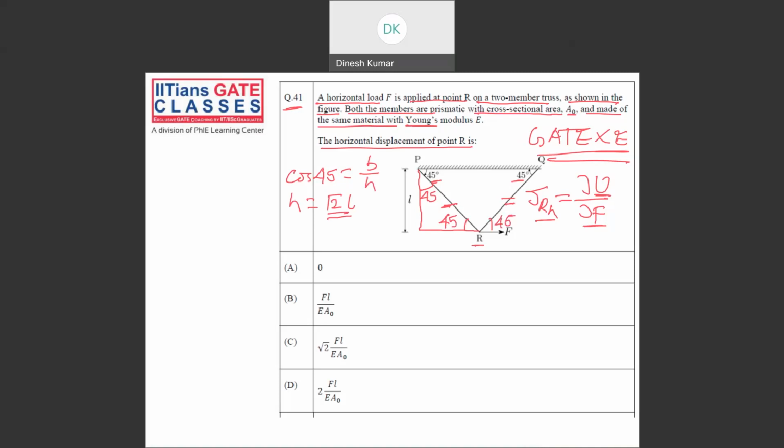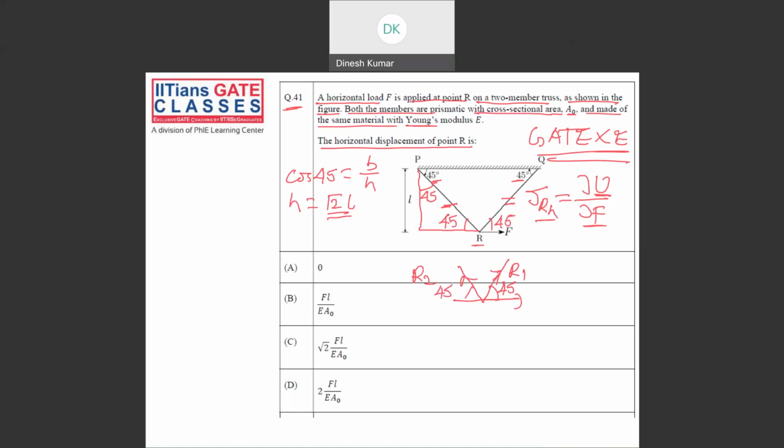Now guys, we will solve by the truss method of joints. Suppose in this member my reaction is R1 and in this member my reaction is R2, and we know these angles are already 45 degree.